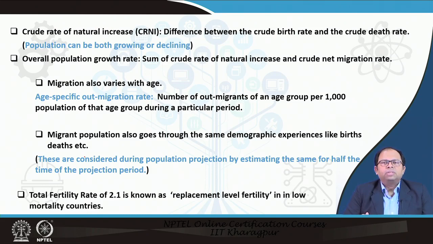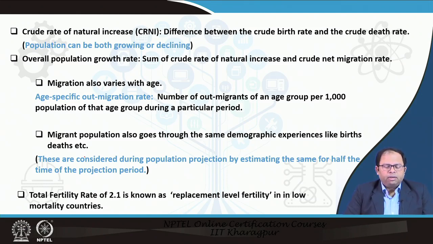Why? Because we assume that some of them have come at the beginning, some of them have come at the end. So we take the average and say that the entire population arrived in the middle, and based on that we can do statistical or mathematical calculations.